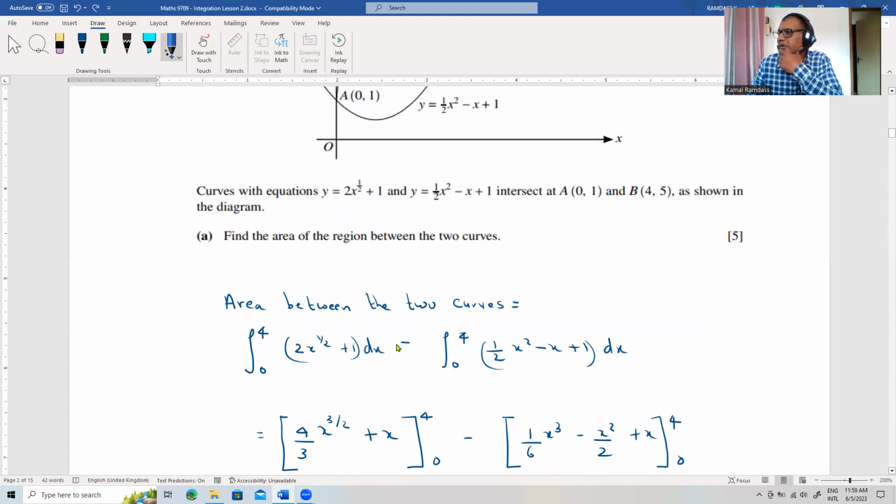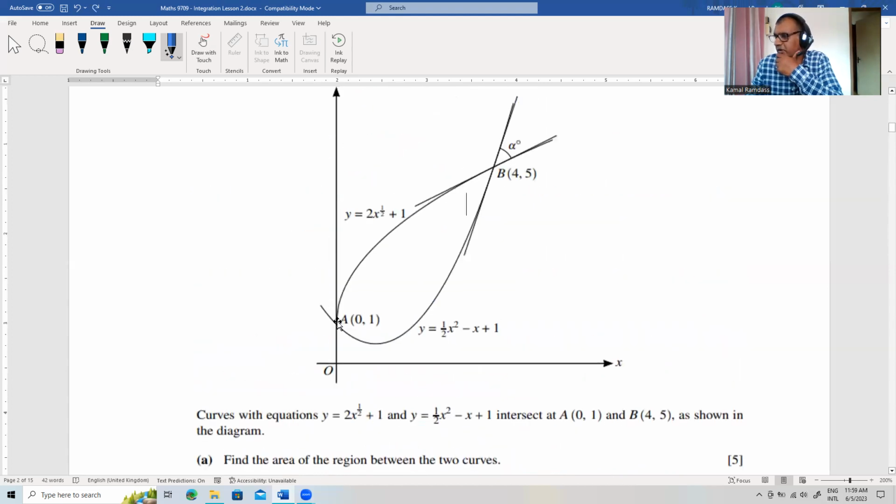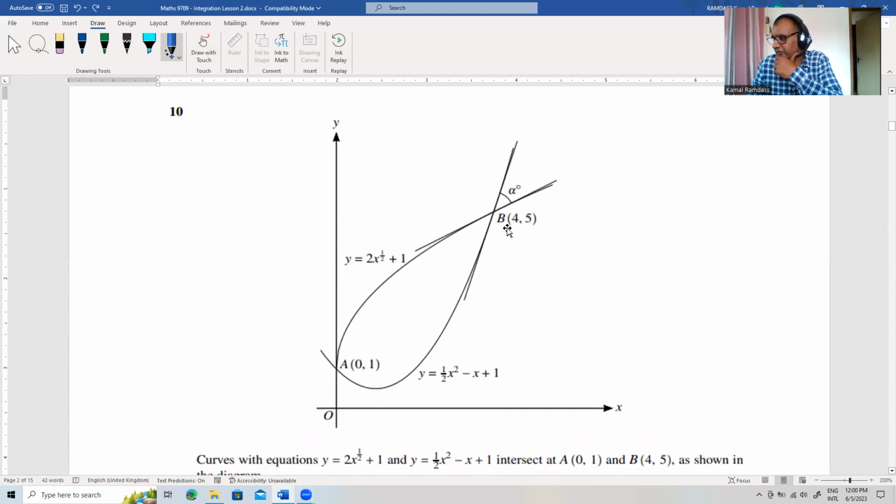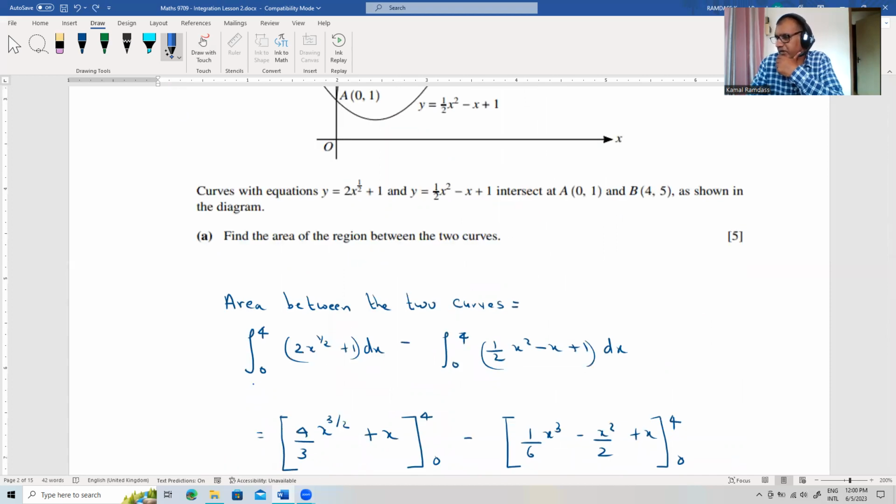Ouais. Area between the two curves, c'est intégration de y is equal to 2x to the power of half plus 1 dx, bounded between 0 and 4, minus intégration de half x squared minus x plus 1 dx, bounded between 0 and 4.